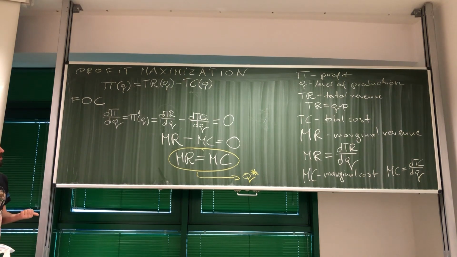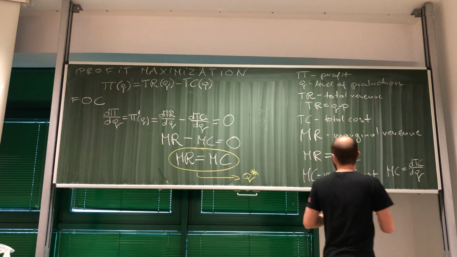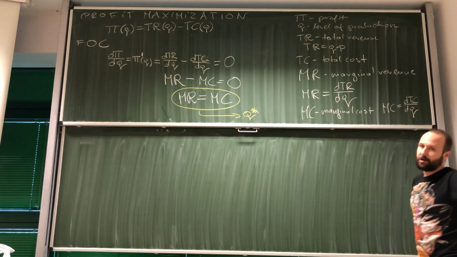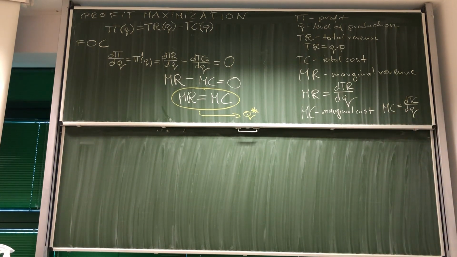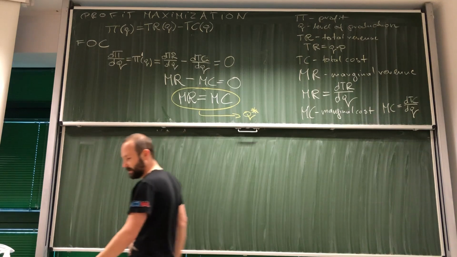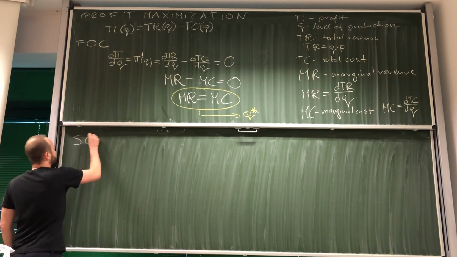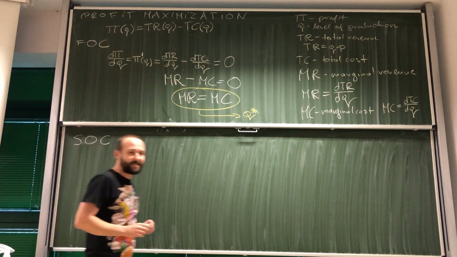So now, in the second part, we need to decide whether we found a maximum, minimum, or maybe an inflection point. And this is what we're going to do right now. How are we going to do it? Well, we're going to simply use the second order condition. So what do we do in the second order condition?